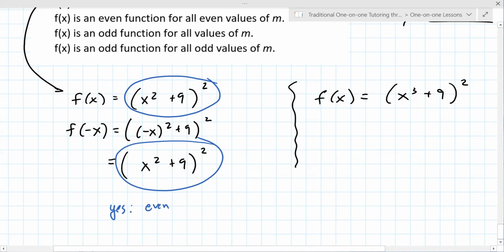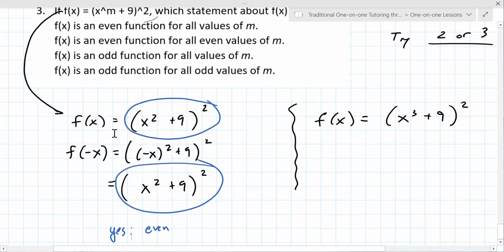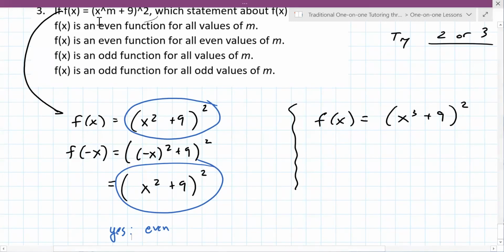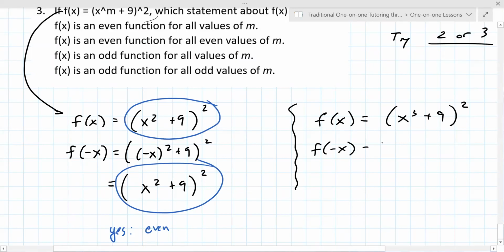So we can't quite answer this yet, but if you had to make a guess, you would say, well, it's even, so maybe it's A, maybe it's B, not really sure. But let's go with the other one here and see if there's anything we can uncover.